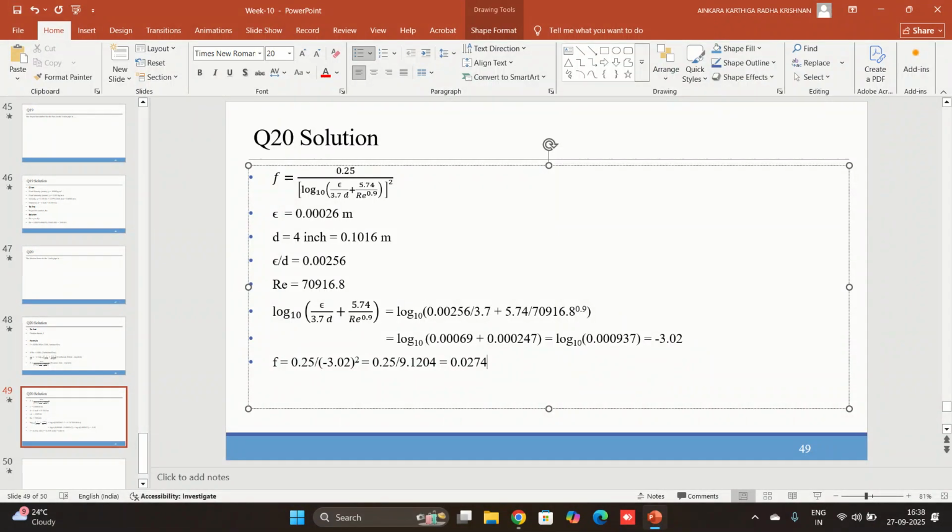Actually, in the assignment problems, there are similar problems to this with various number changes. So I haven't included those problems, but one problem in continuation to this is a case discussed in the assignment, wherein you have to find the turbine head.